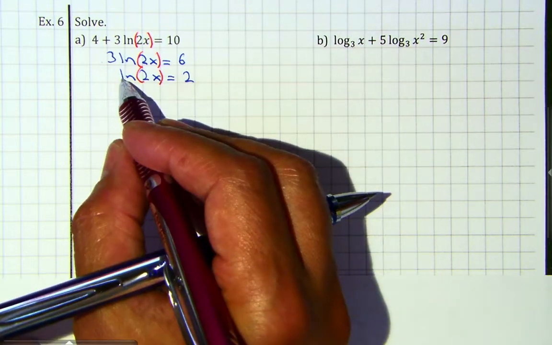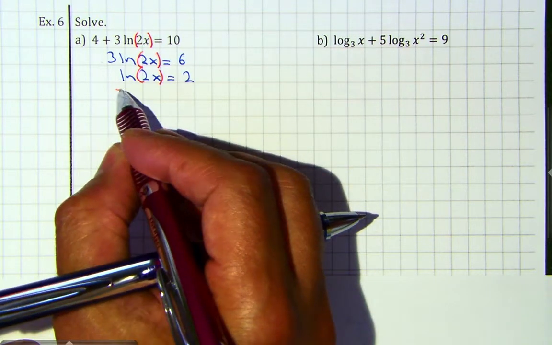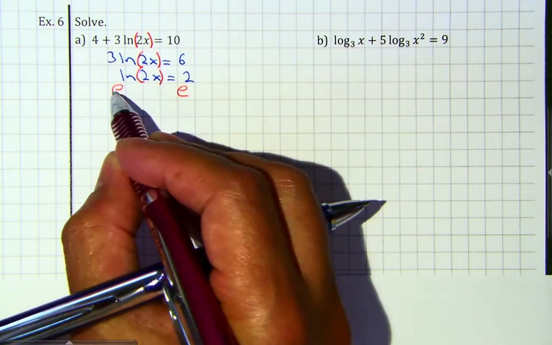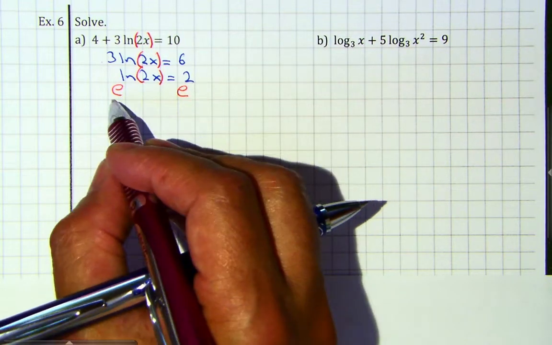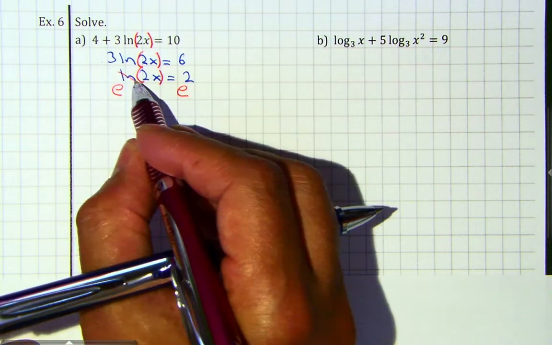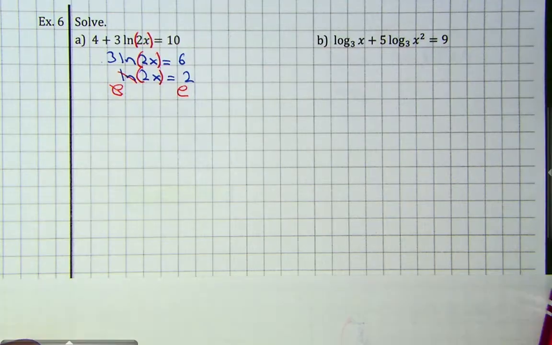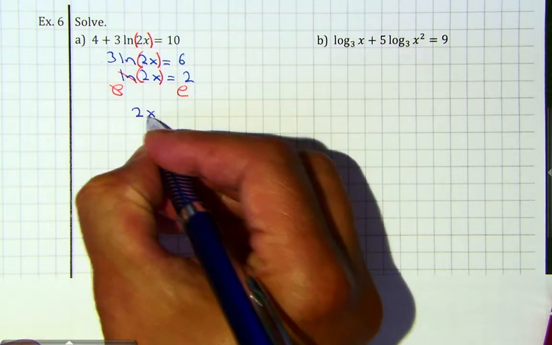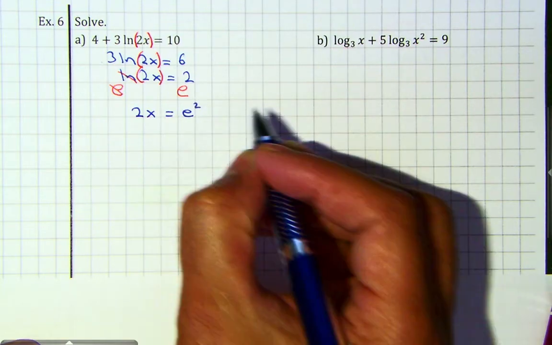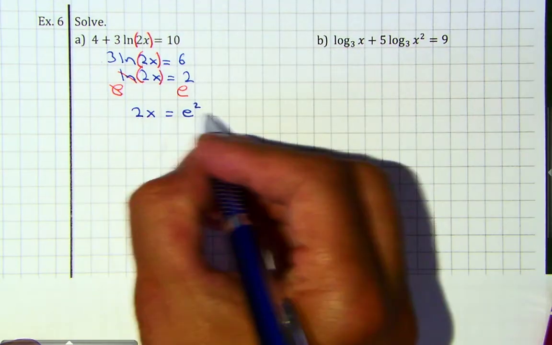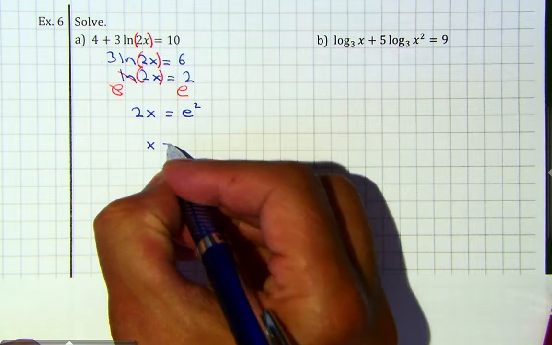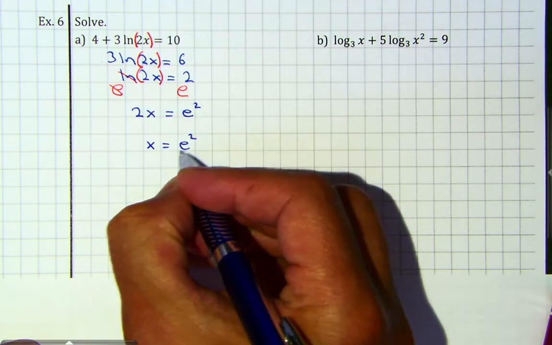This is log base e, so we're going to exponentiate both sides to a base e. And that will cancel each other out, since they're inverse operations. We have 2x equals e to the second power. And now we can divide by 2 on both sides, so x equals e squared over 2.